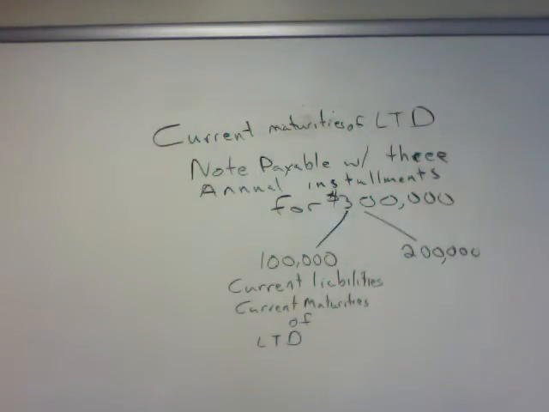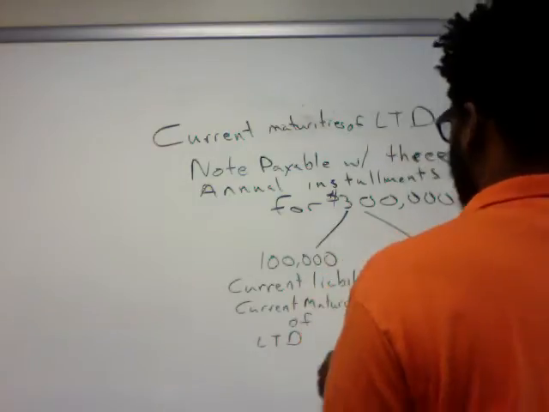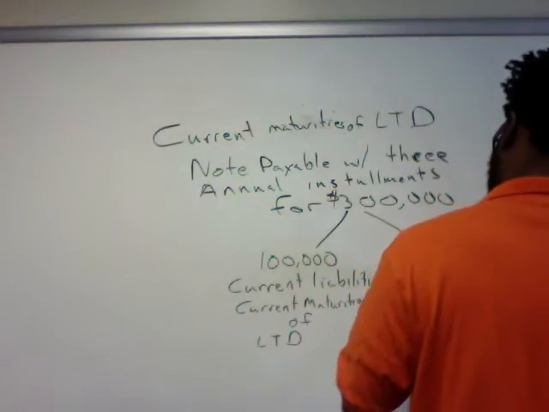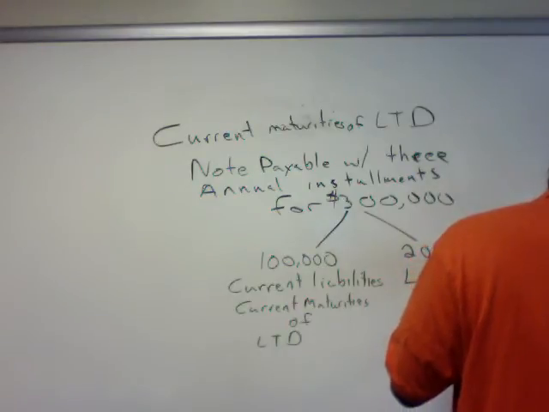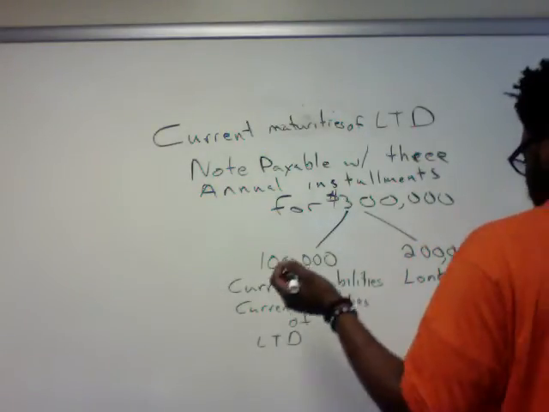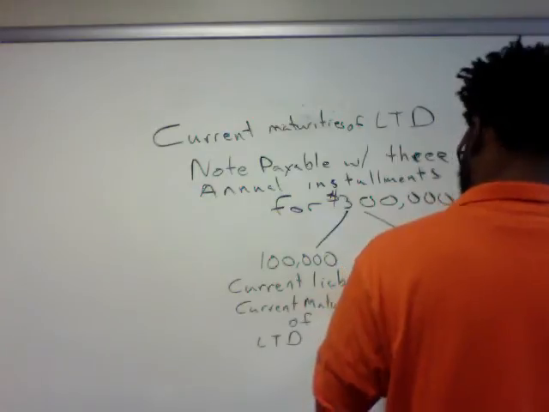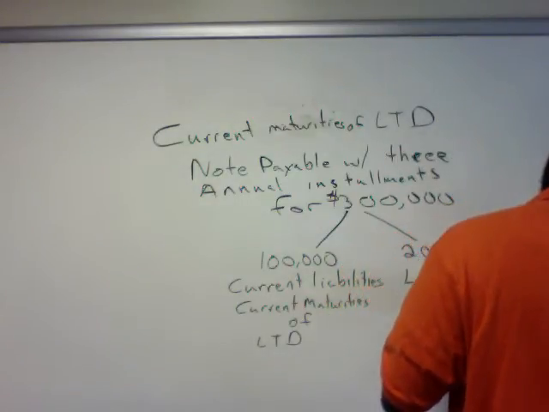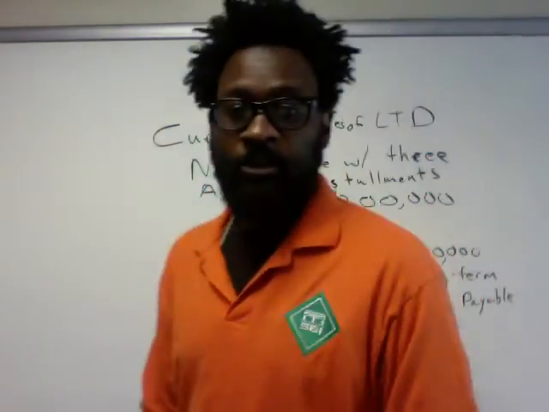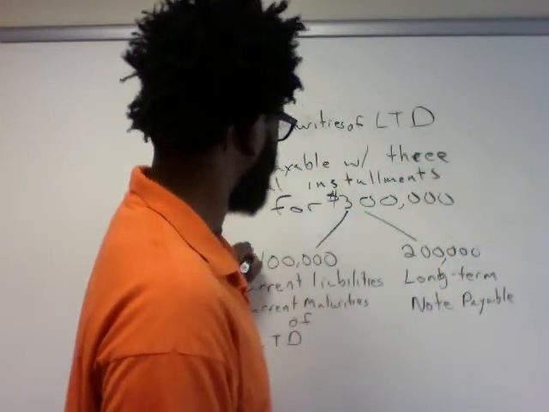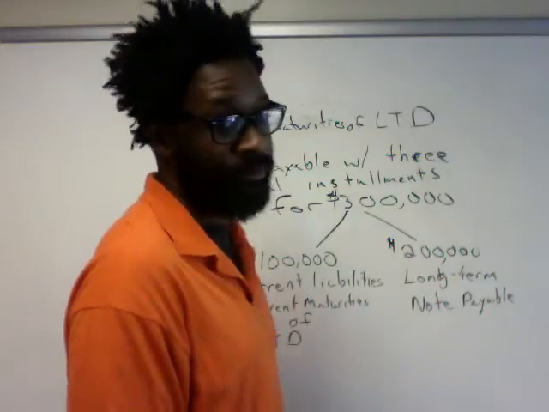Okay. Now, $200,000, you know that's going to be a long-term liability, and it's going to just be considered a note payable. Okay. And so this is how you handle breaking down current maturities of long-term debt.